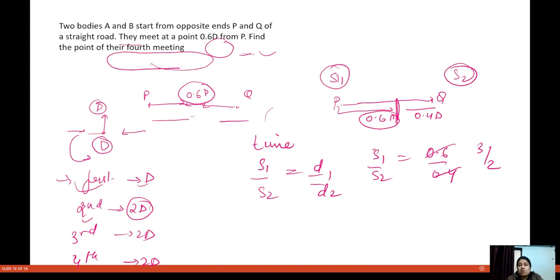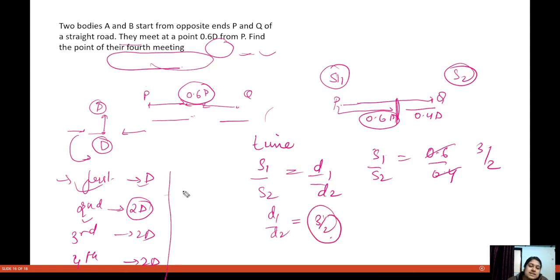So let us divide this distance in the ratio 3 is to 2, because the ratio of the distances d1 by d2 covered by both of them is according to the ratio of the speeds, 3 by 2.